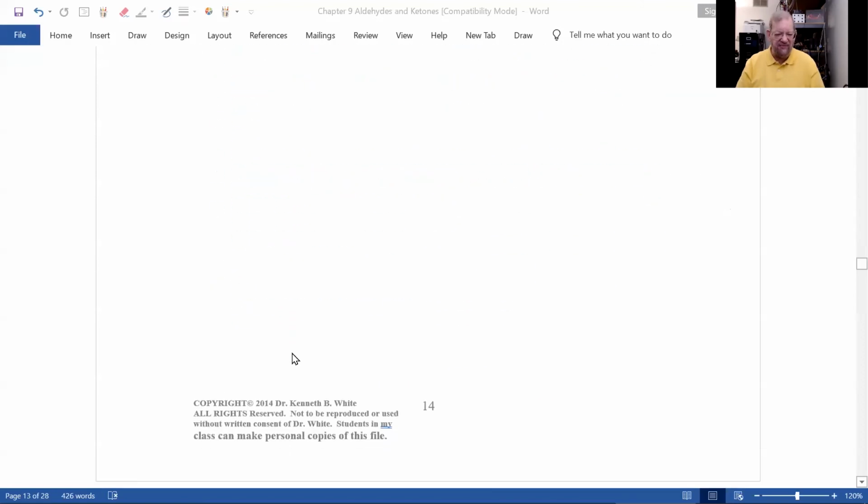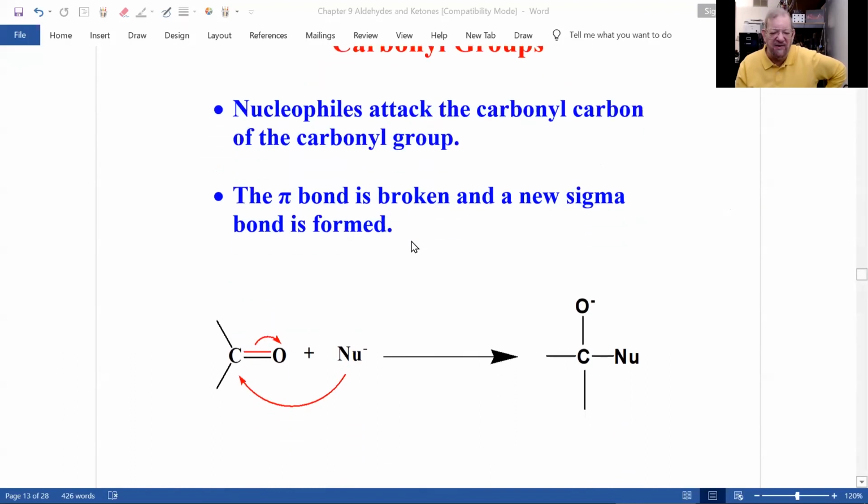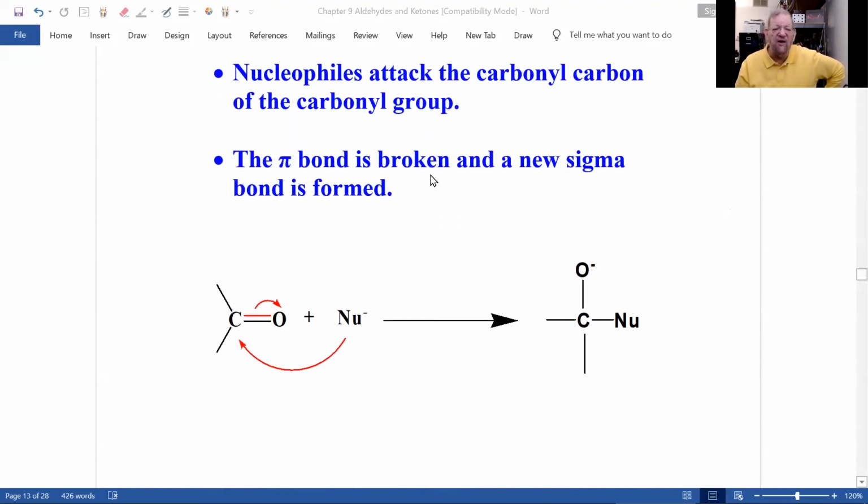And that's what happens. And next slide, let's see, nucleophilic addition to carbonyl groups, nucleophiles attack. Did I tell you organic chemists are very violent? We use terms like attack. And actually, that's how we do describe this. Attack the carbonyl carbon of the carbonyl group. And the pi bond is broken, a new sigma or single bond is formed. And here I have an example where I have a nucleophile with an actual charge, and this arrow shows it will attack this, and the electrons here go there.